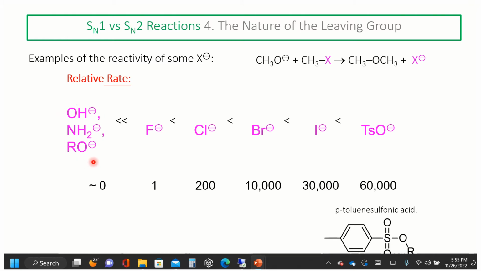Do not make the mistake of removing these, because they do not spontaneously leave; you have to have conditions for them to leave. Molecular mechanism. Note the speed of iodide compared to fluoride.